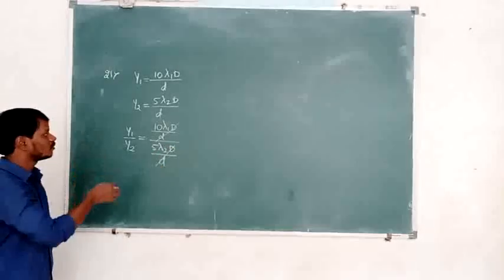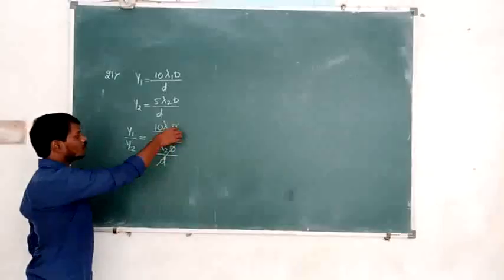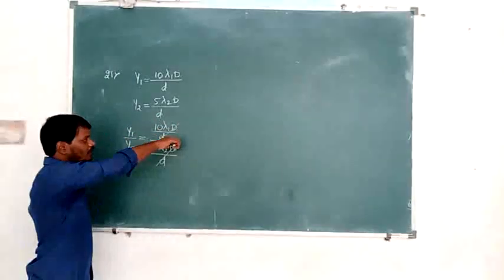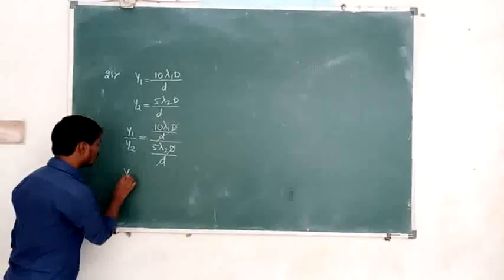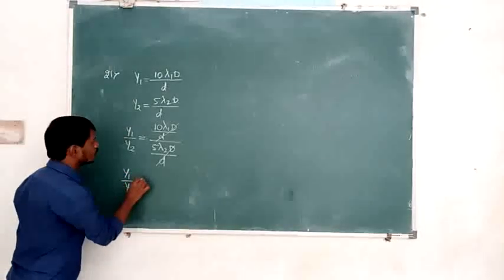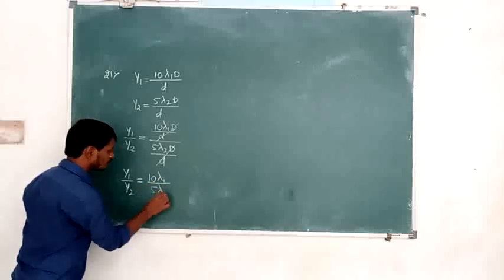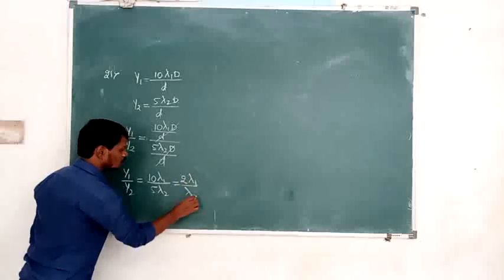Here wavelength change means position of the bright fringe also changes. For wavelength lambda 1, the position of the maximum is 10. For wavelength lambda 2, the position of the maximum is 5. So y1 by y2 is equal to 10 lambda 1 divided by 5 lambda 2. It is 2 lambda 1 by lambda 2. It is the answer.